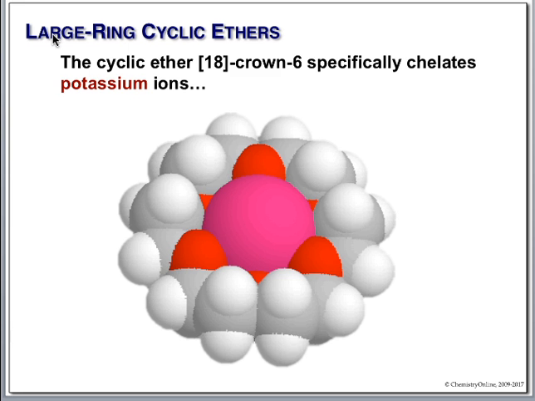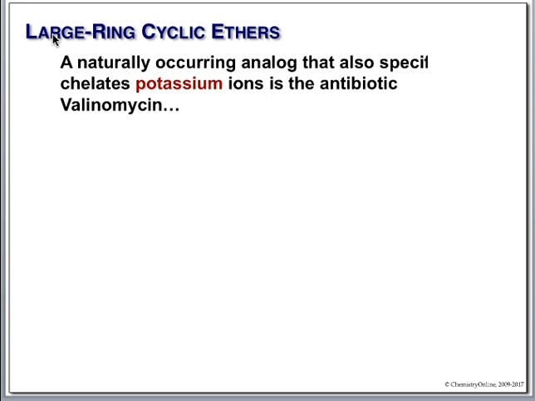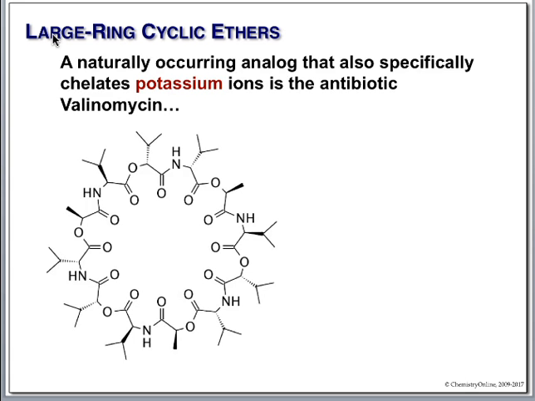Now, organic chemists weren't the first to think of this. Turns out there's a naturally occurring antibiotic called valinomycin. And this is what it looks like. It's a big chain of amides and esters all together like this.